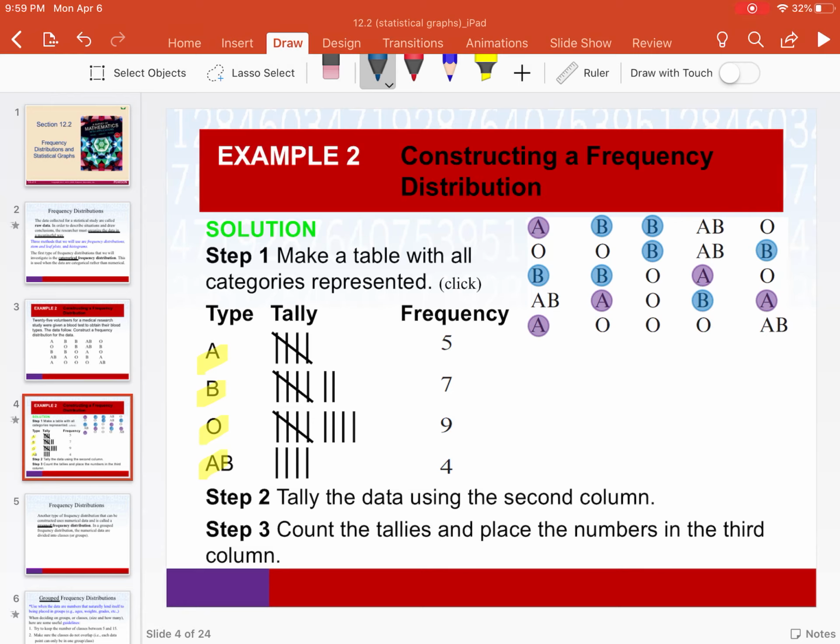That is actually a good way to count by 5s, believe it or not. And now you can see, once you get it organized like this, oh, it looks like blood type O was the most, right? And blood type AB was the least. So information starts to become apparent once you get it organized, okay? So that's a frequency distribution.